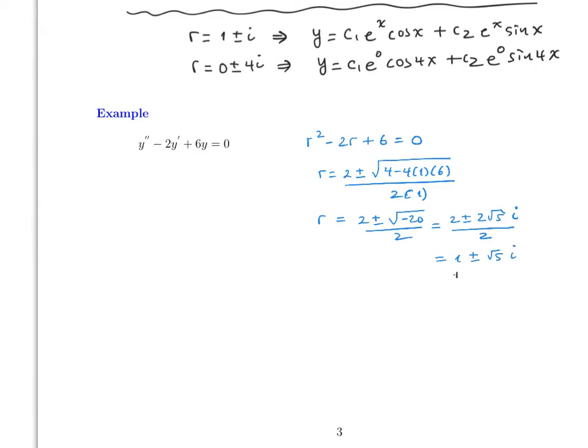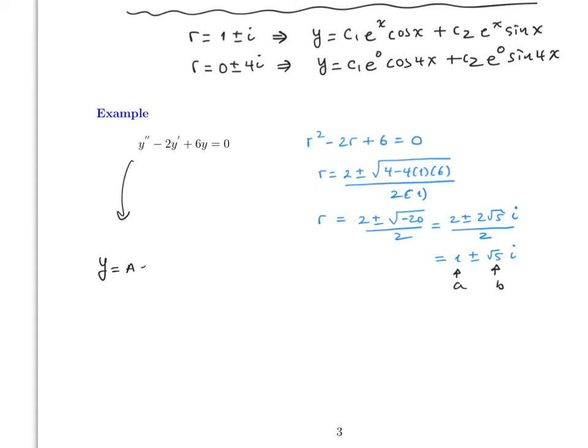So this is a, and this is b. So therefore, if we use the general formula, then from here the solution will be y equals A. You can call it A or C1, it doesn't really matter.